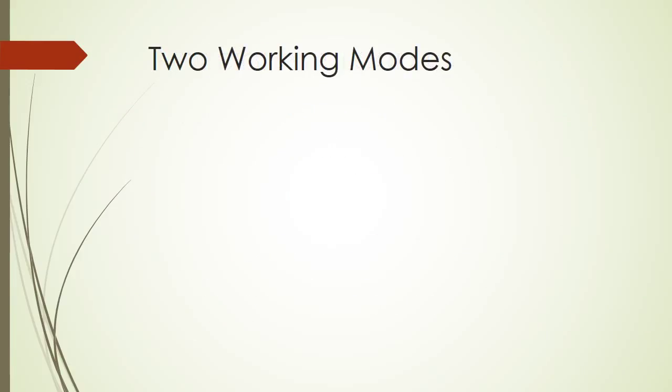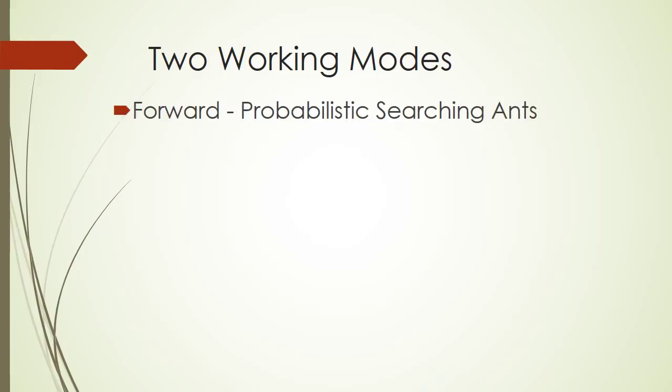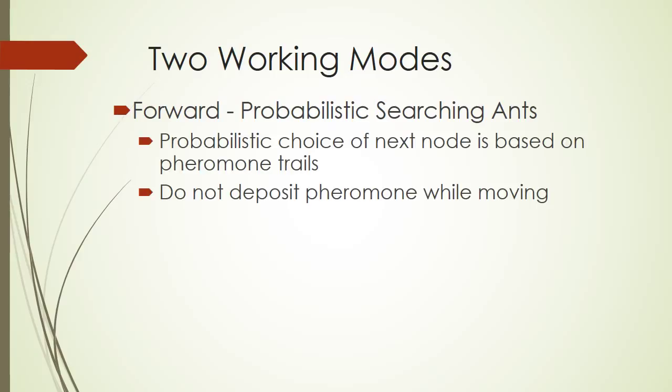So we can think of two working modes for our artificial ants. The first is this forward searching ant. Once it's on a node, it'll probabilistically choose the next node, and it'll do that based on the amount of pheromone on the next node. While it's moving in the forward direction towards its goal, it is not depositing pheromone.